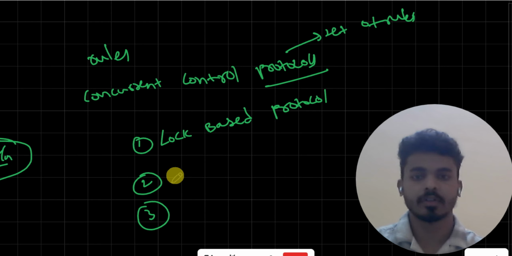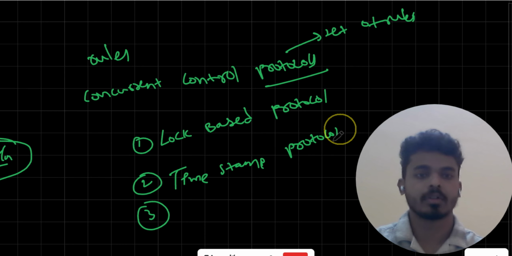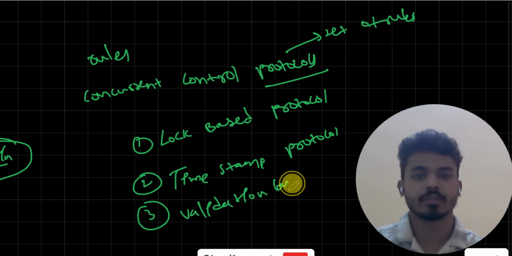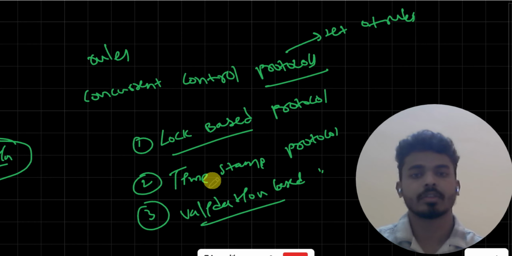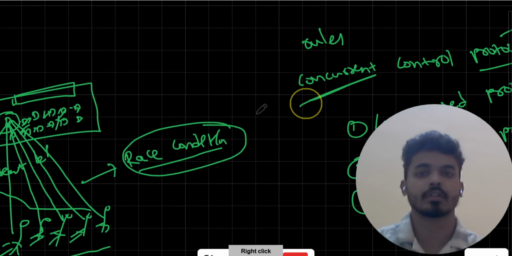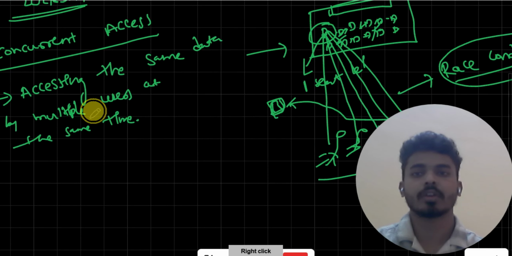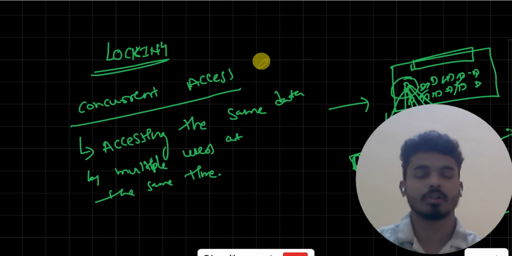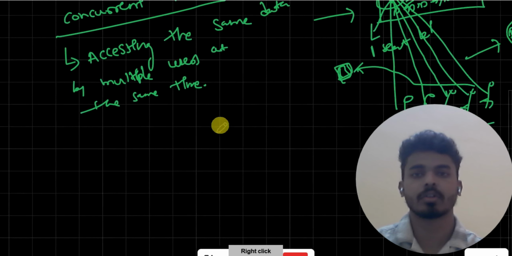Second one is the timestamp protocol. Third one is the validation based protocol. These are the main three protocols introduced to control the concurrent access. That's why they introduced the concept called locking, which is a type of protocol.